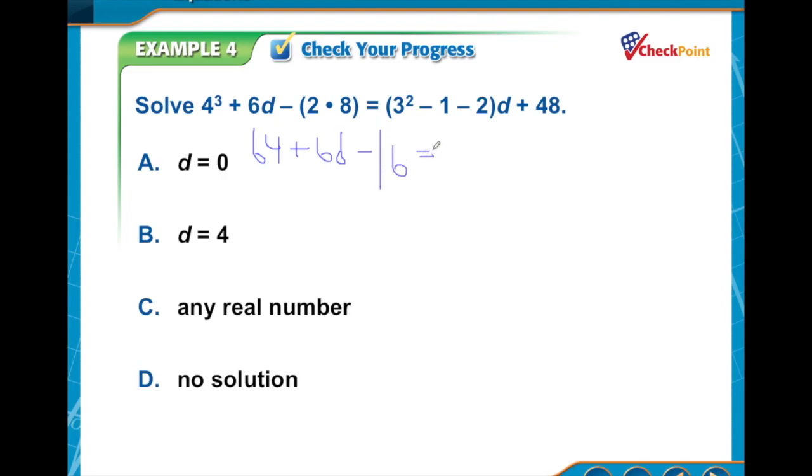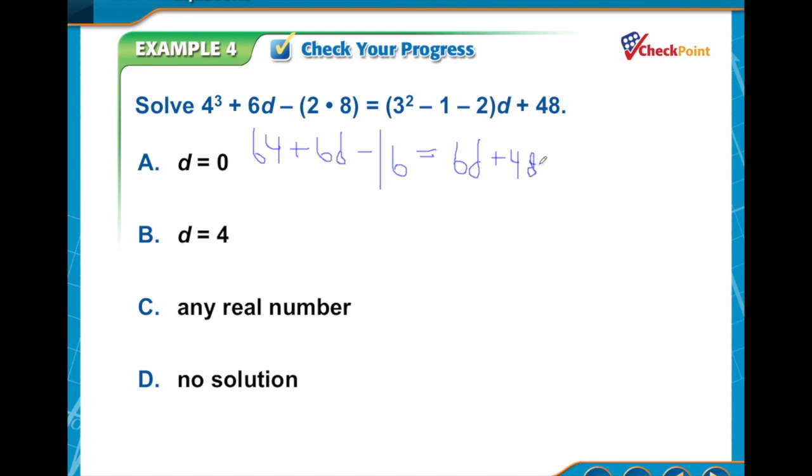That's going to be equal to 3 squared is 9, 9 minus 1 gives me 8, and 8 minus 2 gives me 6. So that is 6 times our variable d. So this is 6d plus 48.